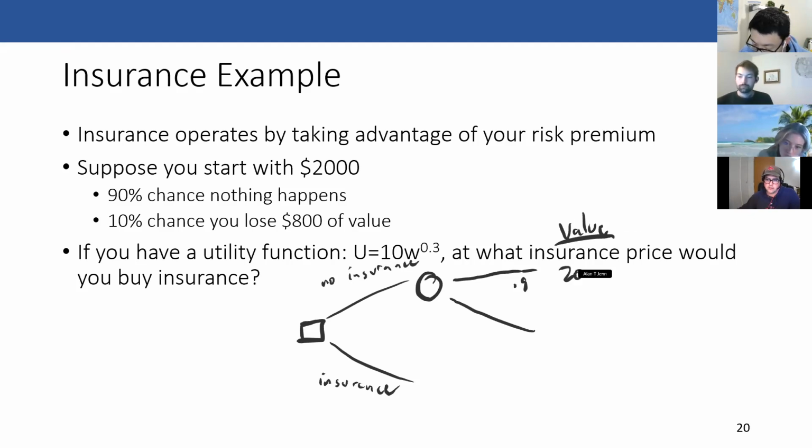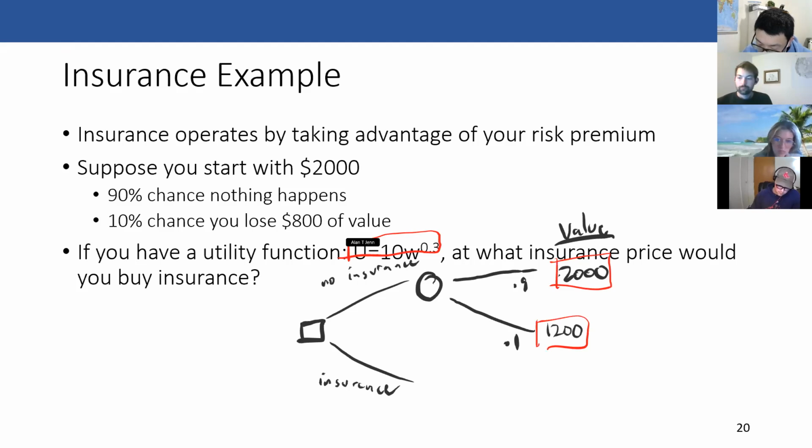is 2,000 at the end of the day. And then there's a 10% chance that your value is 1,200 at the end of the day. So I can take these values here and plug them into my utility function. And I would end up with utility equal to 97.793, right?